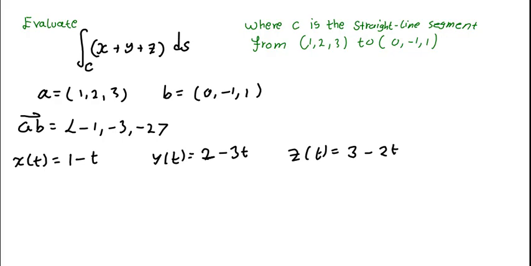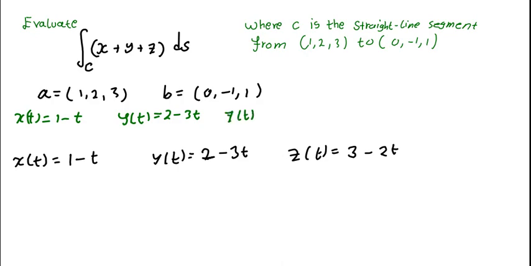So from these, we can come up with our lower limits as well as the upper limits. So x of t is equal to 1 minus t, y of t is equal to 2 minus 3t, and z of t is equal to 3 minus 2t.